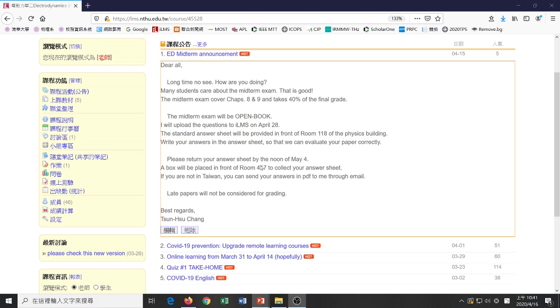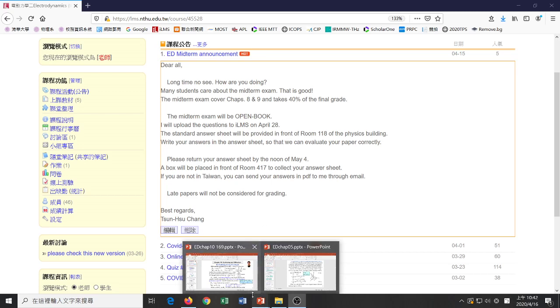I give you 7 days, or not seven, close to 7 days to write your answer. So you have sufficient time to write your answer after the quantum mechanics midterm exam, right? Okay. So many students care about this one. That's the first announcement.